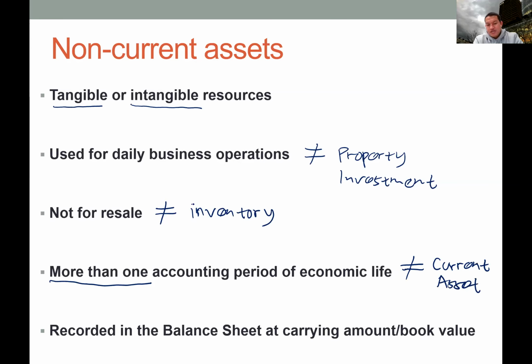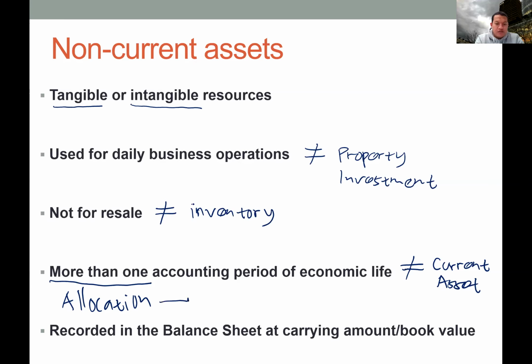Because we have more than one accounting period of economic life, we have a problem with allocating the cost or the value of this asset throughout its economic life. So the allocation problem is always one of the main issues in the accounting treatment for non-current assets.